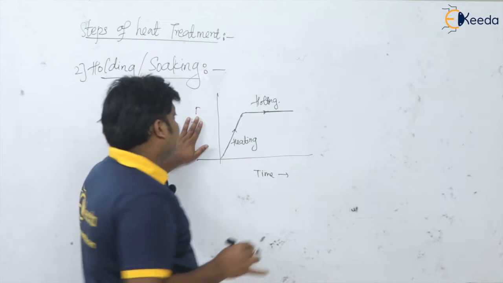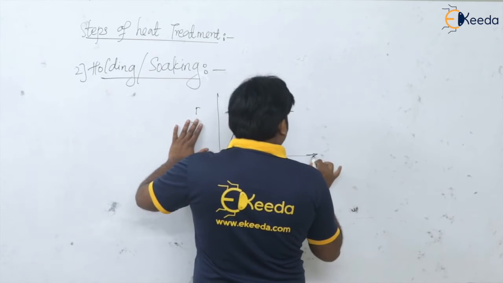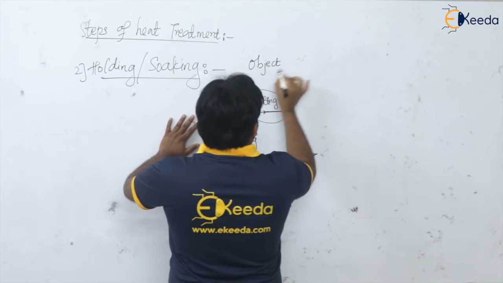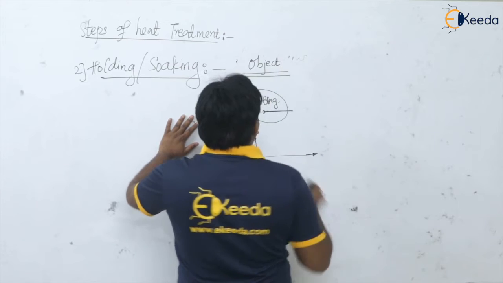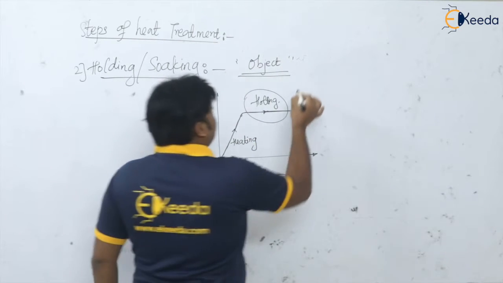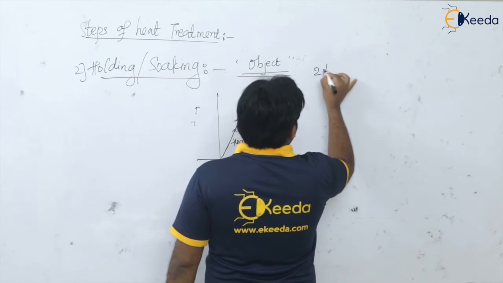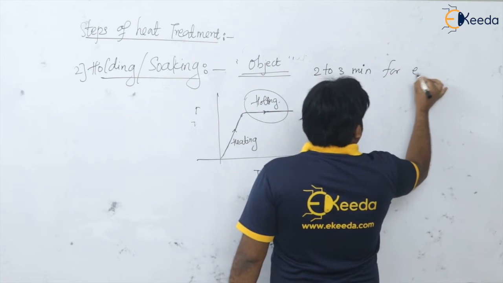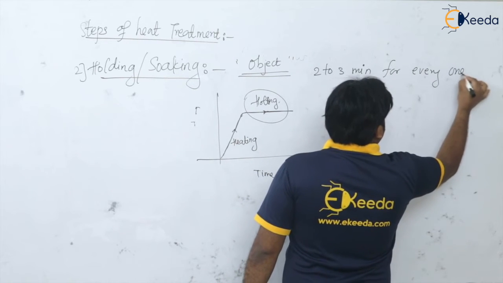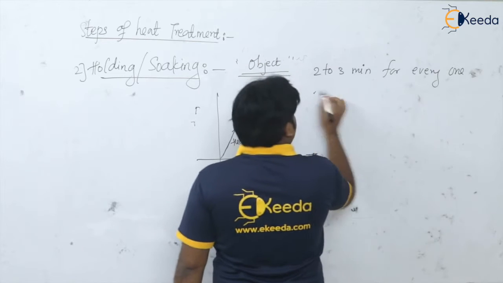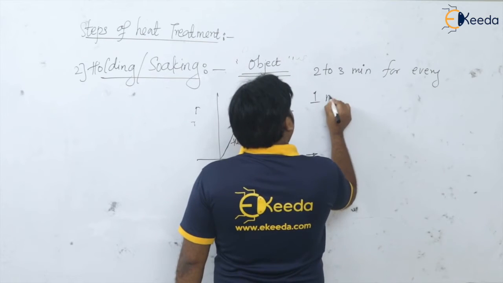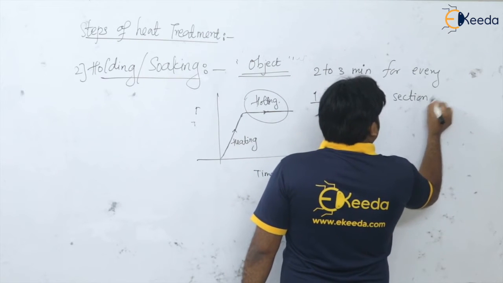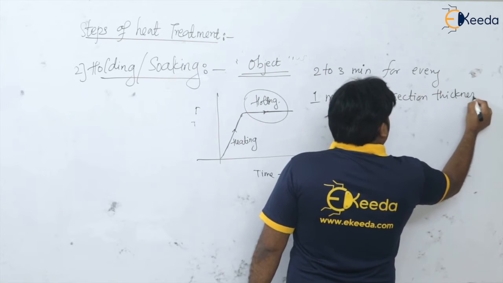Generally, the holding time period depends upon the object, isn't it? Generally the holding is 2 to 3 minutes for every 1 millimeter of the section thickness of the object.